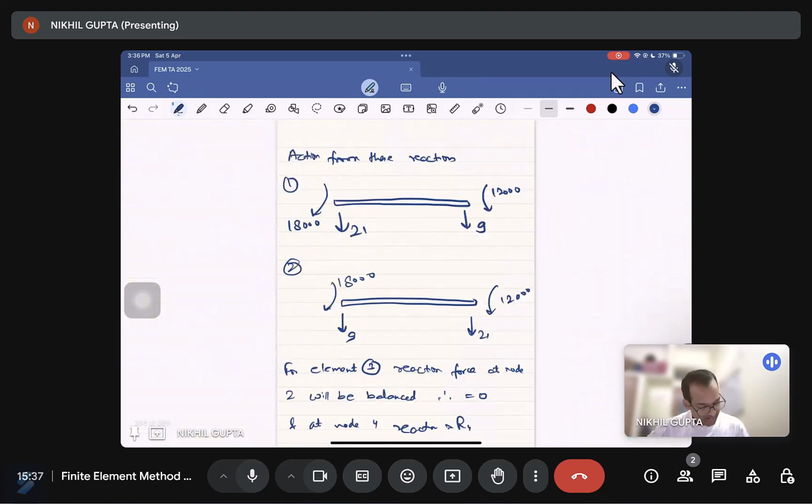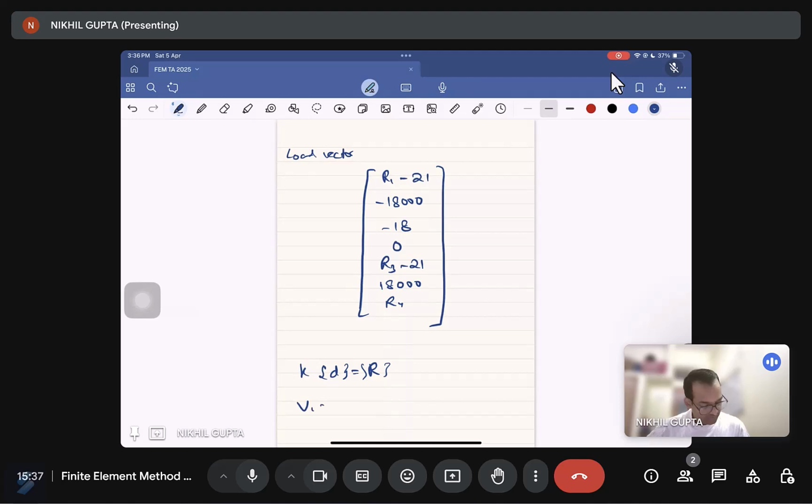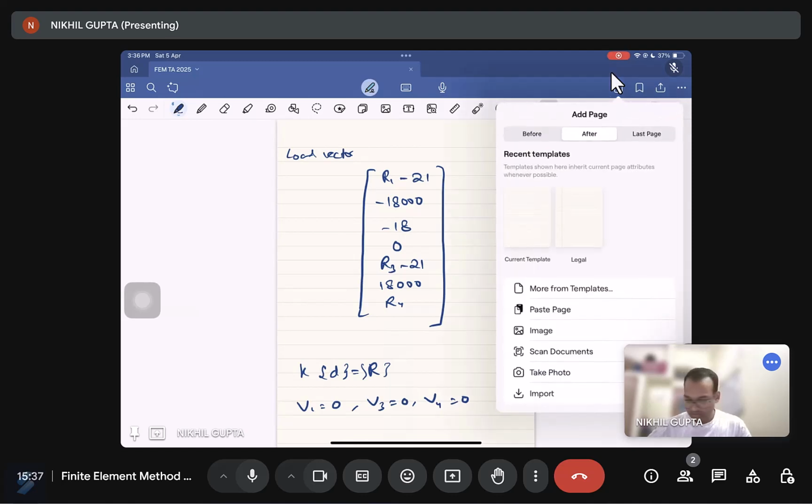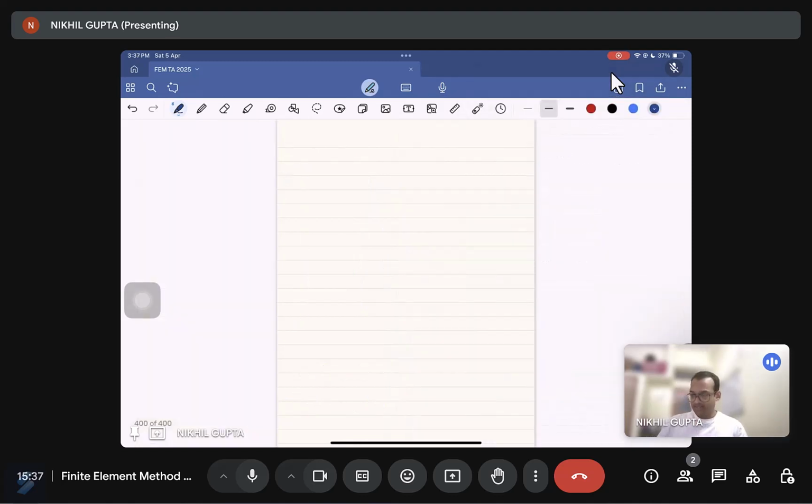So we'll write here V1 equals to 0, V3 equals to 0 and V4 equals to 0. Let's reduce the global stiffness matrix. I don't write the full K, but I'll give you the degrees of freedom in full.